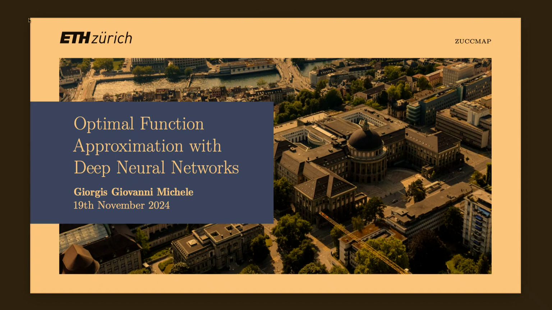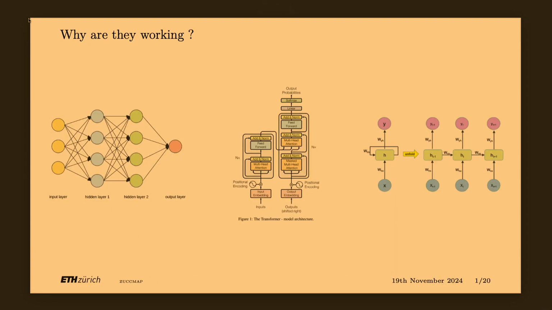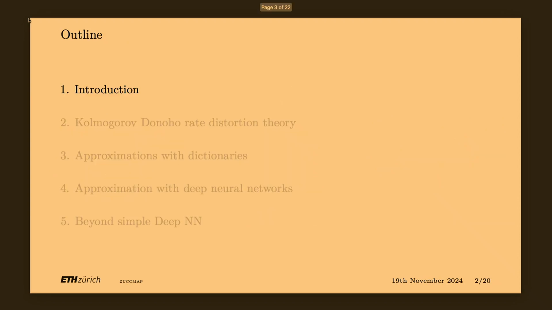The whole goal is to give a theoretical explanation of why neural networks work, and then also to give a brief overview of how we can use this framework for explaining the success of other objects.